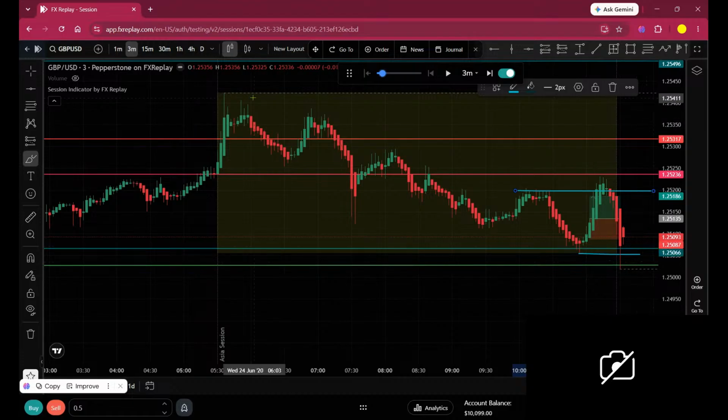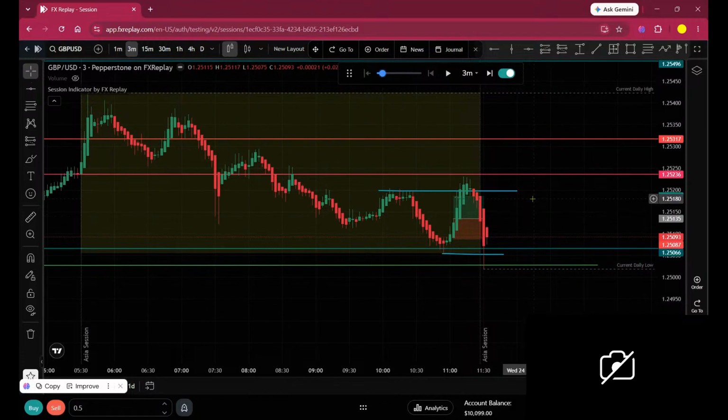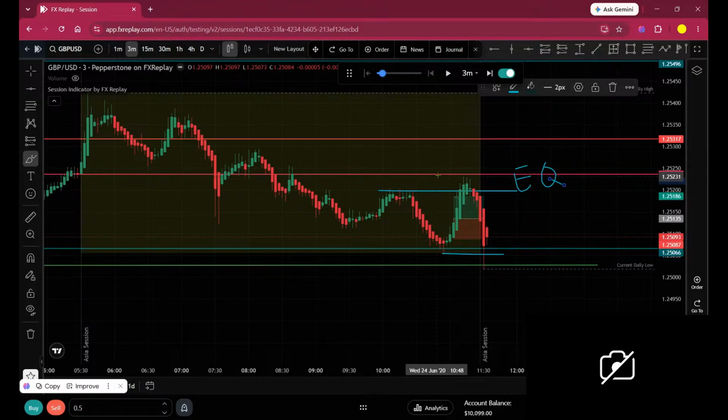But here one thing we have to see: mainly I will prefer to go for the buy if the market is below the Asia equilibrium. This is the Asia equilibrium, okay? The pink line, this one.